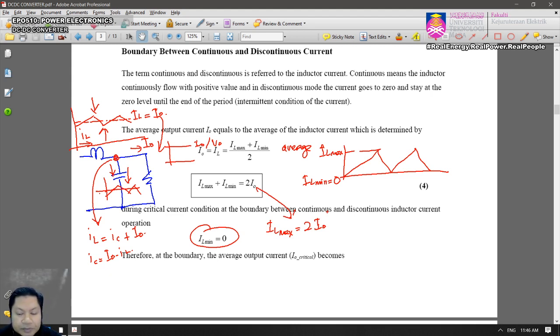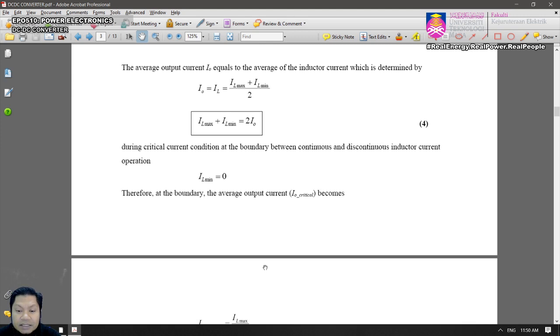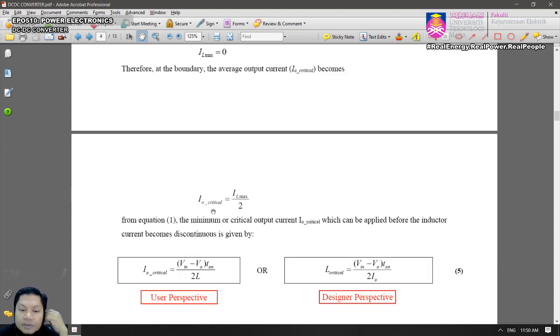Right. Therefore, at the boundary, if you talk about the inductor critical current, the average output current I naught critical becomes that. So this is the critical condition: I naught equals IL max divided by 2.